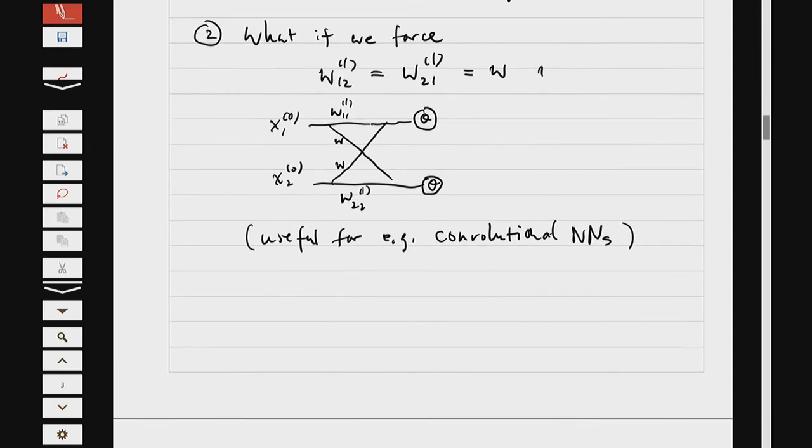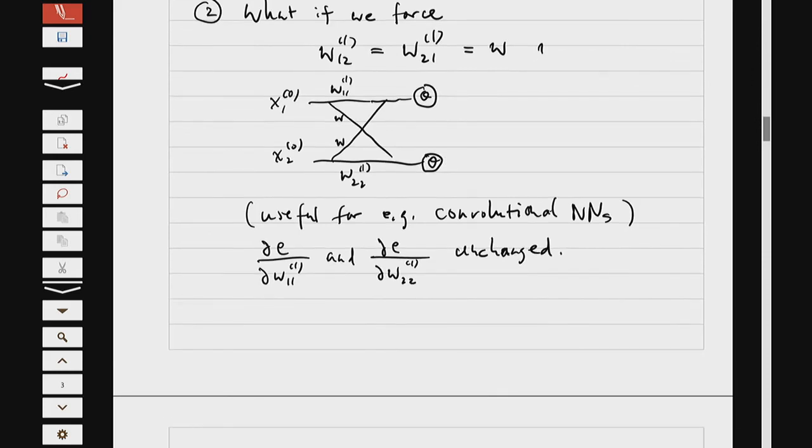First thing you notice is that if I want to find this with respect to W11 and W22, these are unchanged, because they don't have any dependency on W. But of course, now we have to worry about this one.